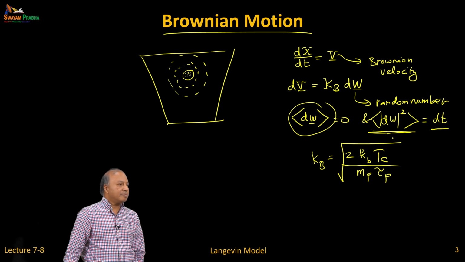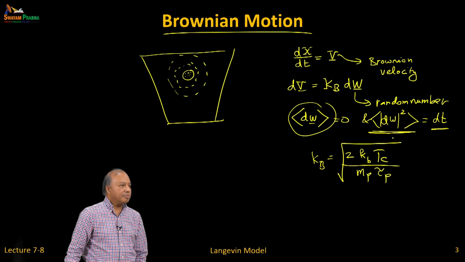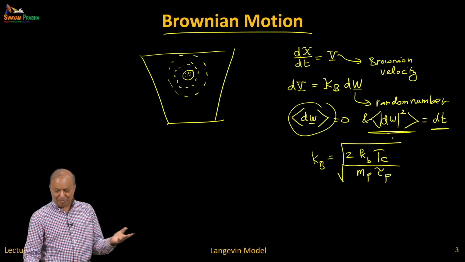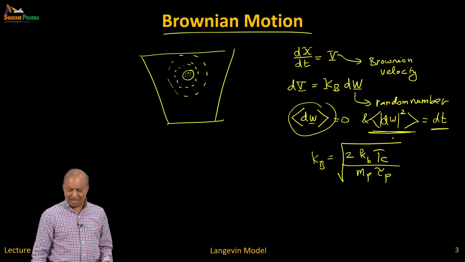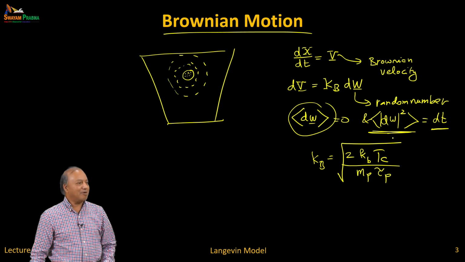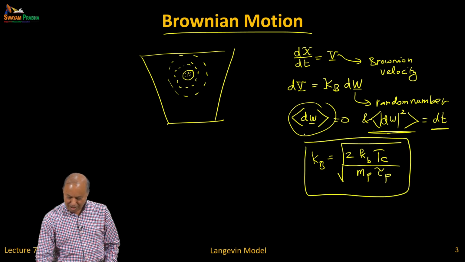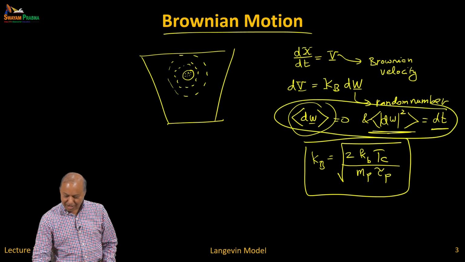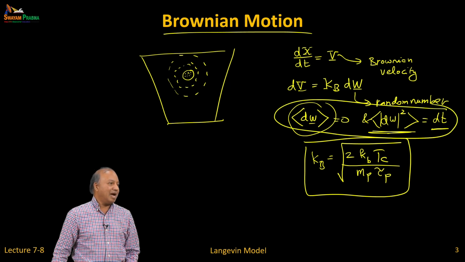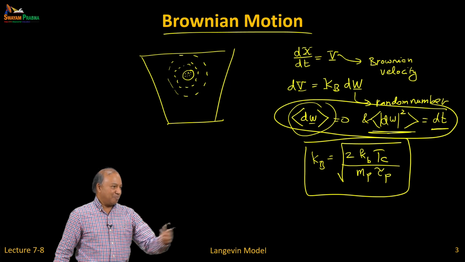Why is the mean square equal to dt? It's just a technical detail, because if I multiply dW by some factor, that will come out of kb. So if you use this kb and if you take dW to be this way, you capture whatever people observe experimentally.